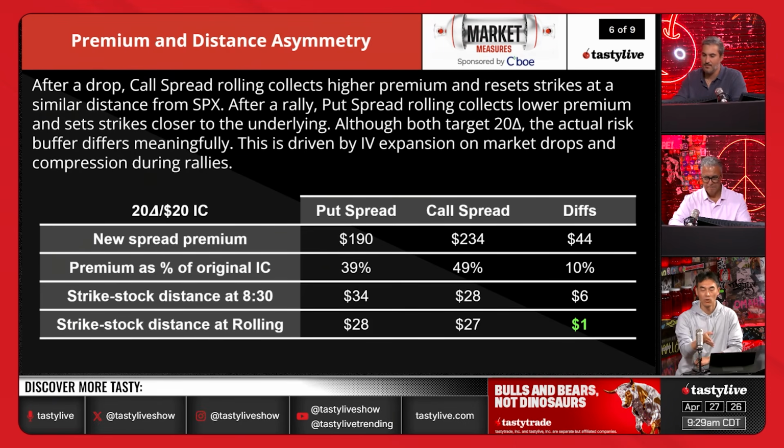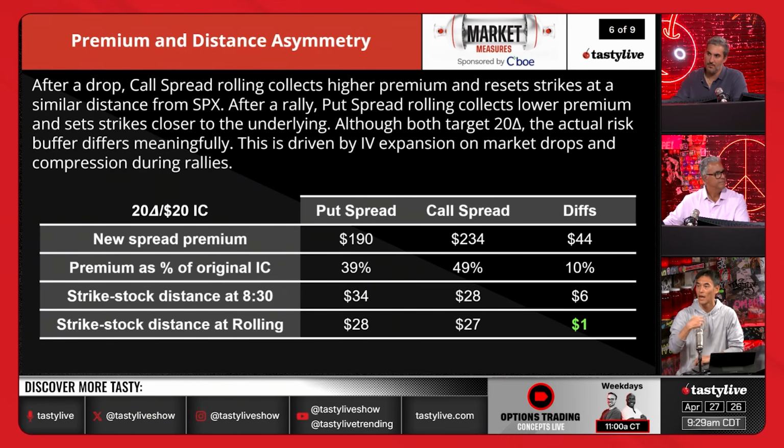Just like this morning, I put on a neutral iron condor, and the market rallied up to 65 or 66. It was leaning, getting closer to my call side. When the market dipped and went back all the way to the midpoint of my strangle, where I should collect the highest profit, the premium actually doesn't change. Yeah, the only reason is increased implied volatility.